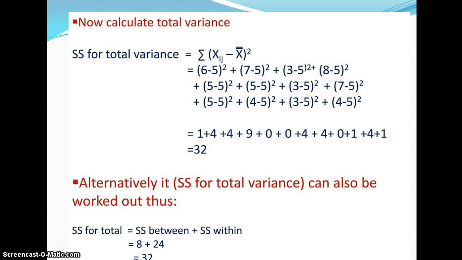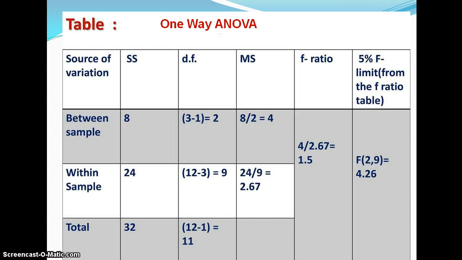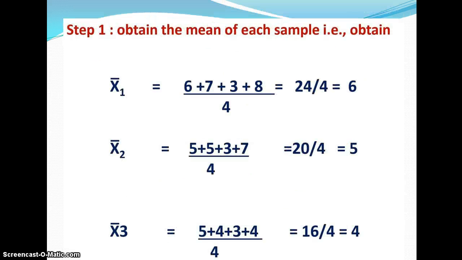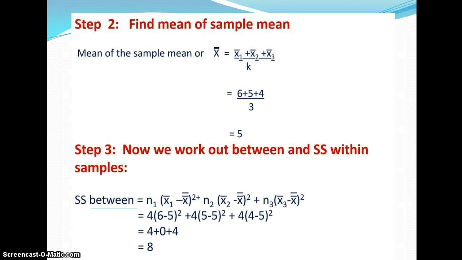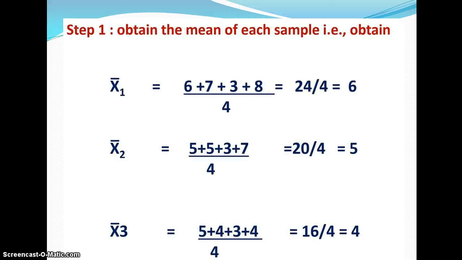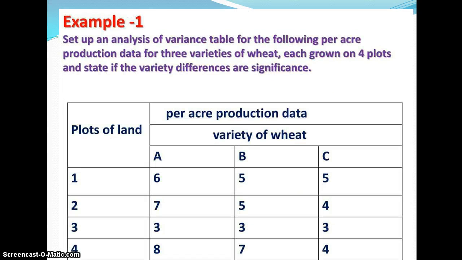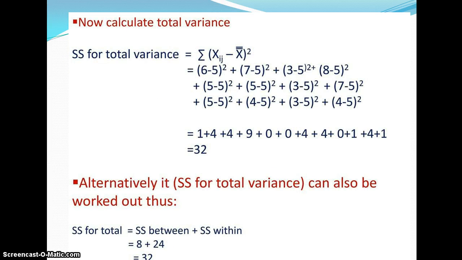These depend upon the values of i and j. So here in this example, xij is the first value, that is 6, 7. How to take the 6, 7? It means the first variety: 6, 7, 3, 8. These are the values of the first variety, and this 5 we take is the mean.